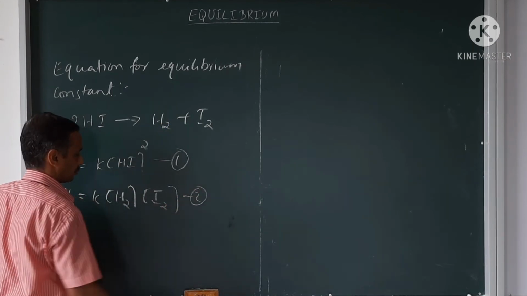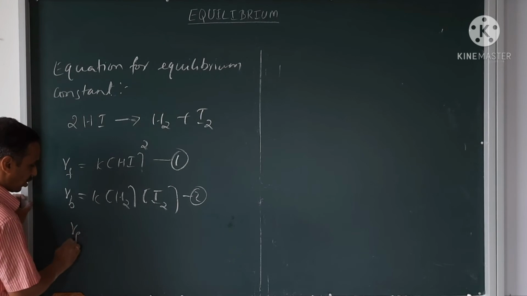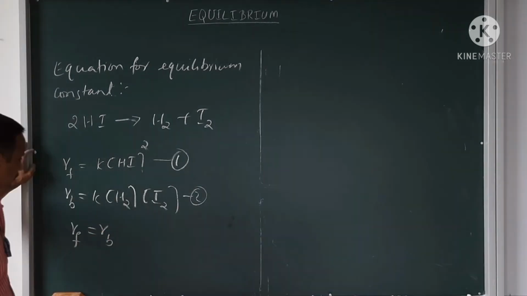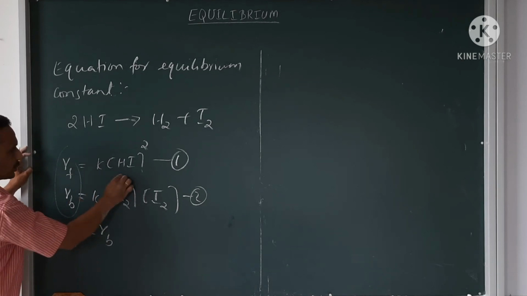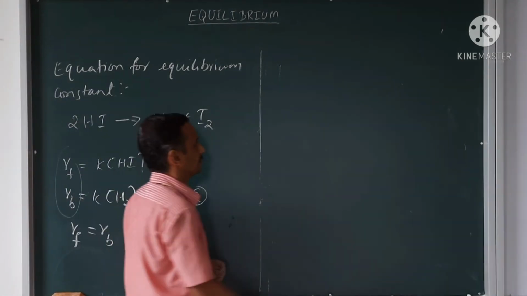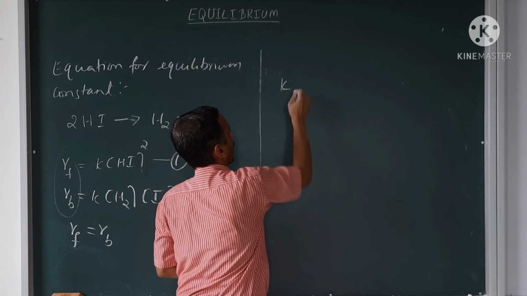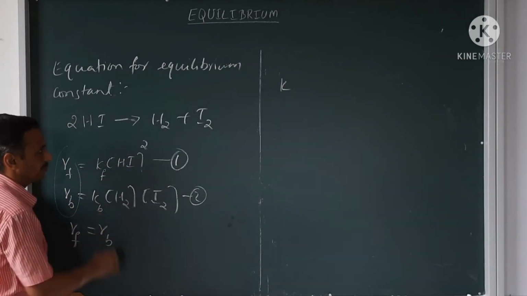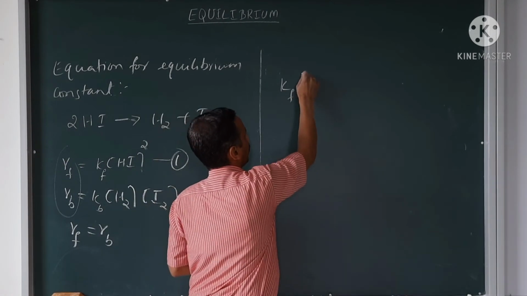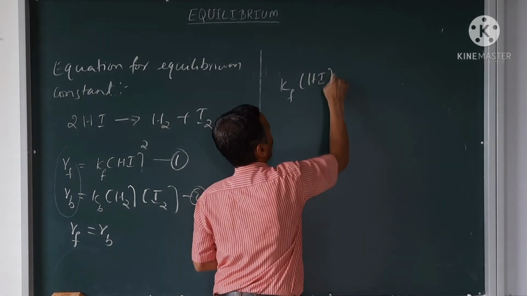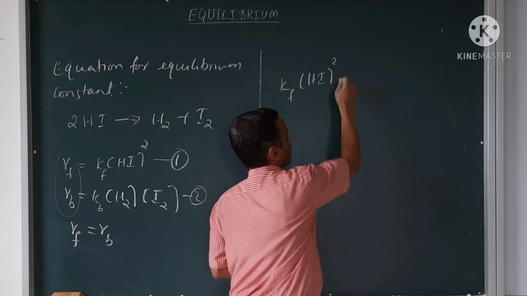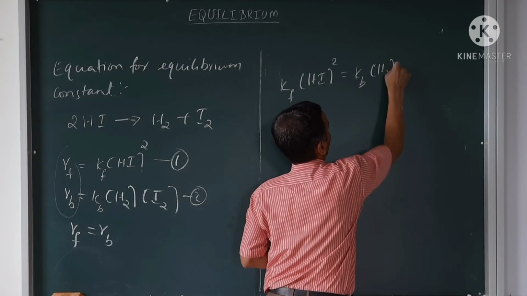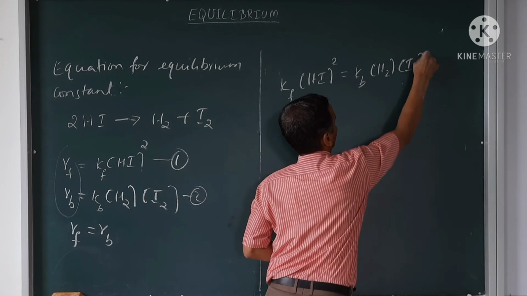Equation 2. Rate of forward equal to rate of backward, as the reaction is at equilibrium. So this side is also equal. This is Kf, this is Kb. So Kf into [HI] to the power 2 is equal to Kb into [H2] into [I2] concentrations.